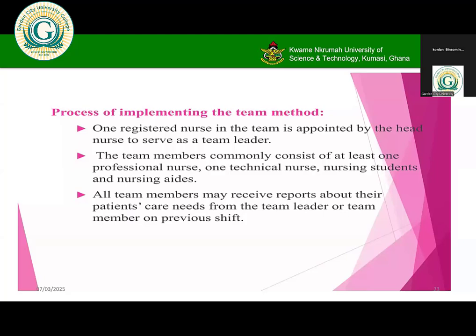So with team nursing, we have a registered nurse, a nurse assistant, a nurse aide, whatever healthcare professionals are on the watch. We form a team, but when we form a team, the registered nurse will be the leader here, and he or she assigns responsibility to that team that we have formed. And we have a team of patients that we're supposed to care for.